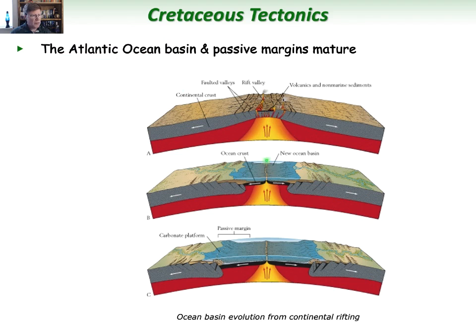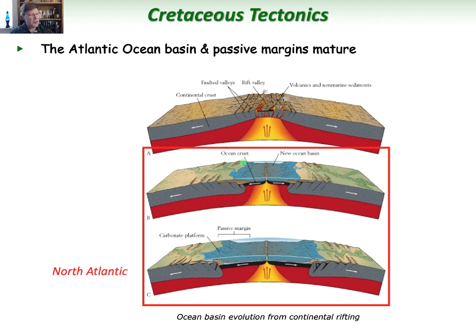But as you create more plate and they separate out, these passive margins develop and they mature over time with erosion of the continent. Those sediments are deposited on the margins on either side of this new ocean basin. With time, not only does the ocean basin itself widen, but these passive margins mature and widen as well.